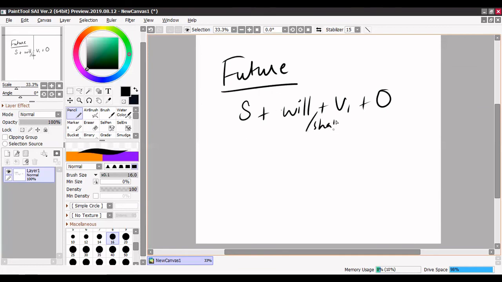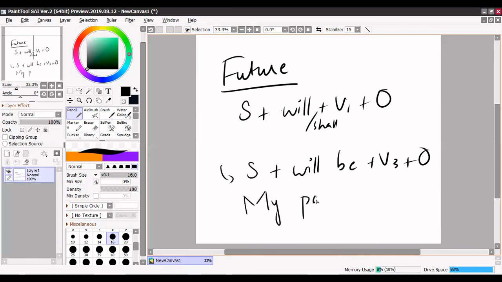So the sentence that was: my parents will take us to the park, changes into: we will be taken to the park by my parents.